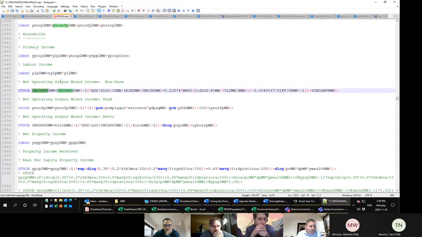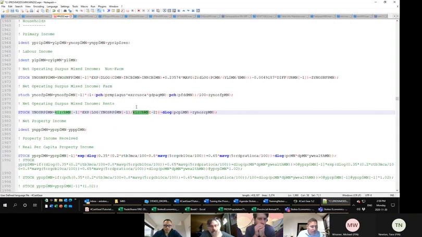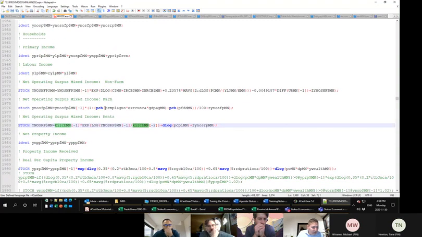So we break this down. We do the farm and non-farm component. It was more for Saskatchewan, where that was a much more significant factor for their model, but it is included here for everybody. Rental income is running off of things like your residential construction, your stock of residential capital, things like that.